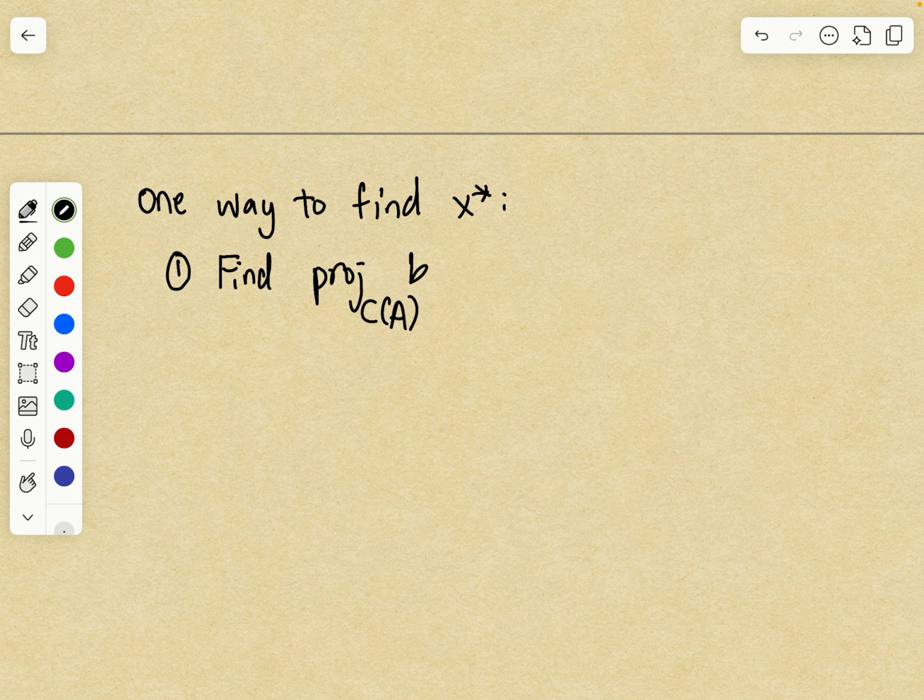We went over how to do this. One way to do this is to first find an orthonormal basis for the column space of A. And then once you find an orthonormal basis for the subspace that you're projecting onto, there's a formula for the projection. So first we need an orthonormal basis for the column space of A.